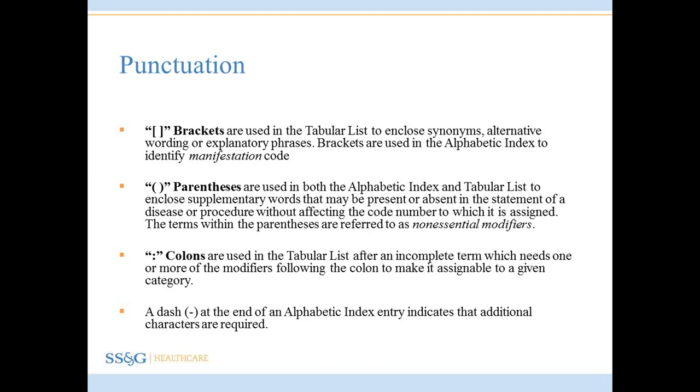There are two of them in the alphabetic index. Keep in mind that those are your categories and your subcategories. So when you're looking for a code and reading from the documentation, it's important to keep those lines in mind as you look up your codes so you can go to the correct tabular code in the back.